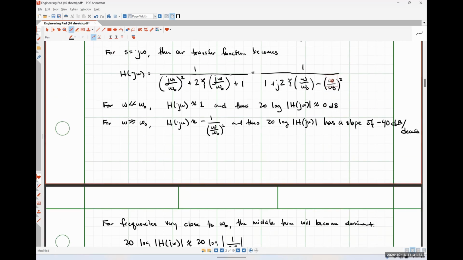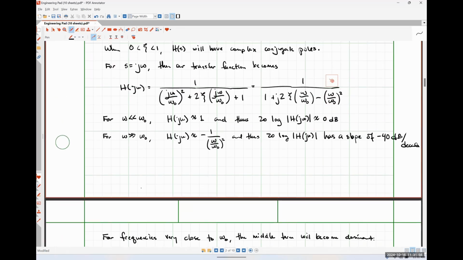So just to be really clear here, make sure we're all catching what I'm throwing. When we're very close to omega equal to omega naught, I have 1 minus 1, or something very close to that, right? So only the middle term survives. The omega over omega naught looks like something very close to 1. So all I have left is this j2 zeta. When I'm looking at the magnitude, just throw the j away, because that's just telling me a phase shift, right?